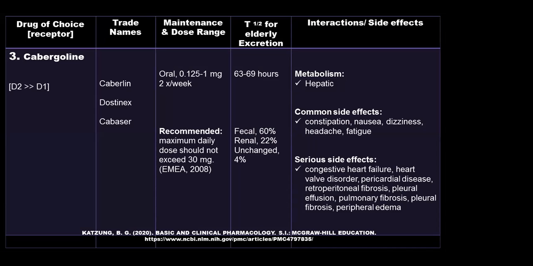So according to some studies, the likelihood of developing moderate to severe valvular regurgitation was increased from 5-fold to 7-fold in patients that were treated with cabergoline in comparison to placebo or non-ergot DA. So most of these effects were shown to be dose-dependent. The other side effects that might be associated with cabergoline treatment include nausea, dyspepsia, vomiting, dizziness, postural hypotension, peripheral edema, and increased periods of daytime sleepiness. Next, please.